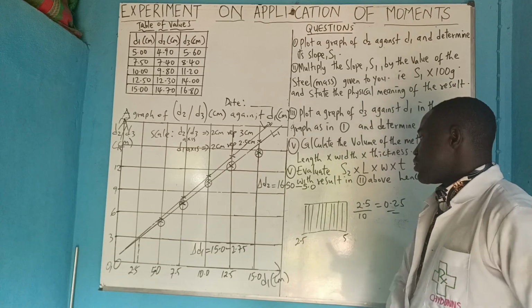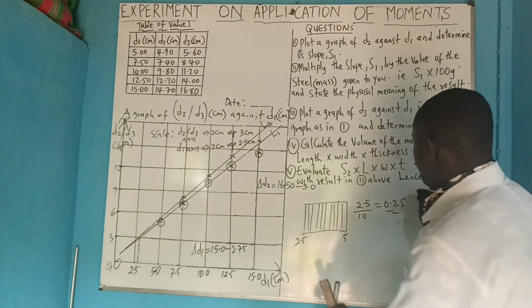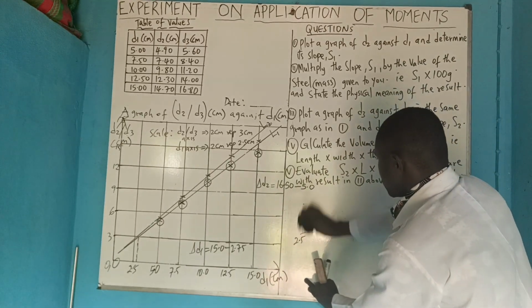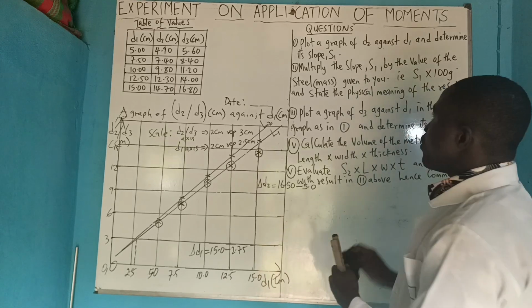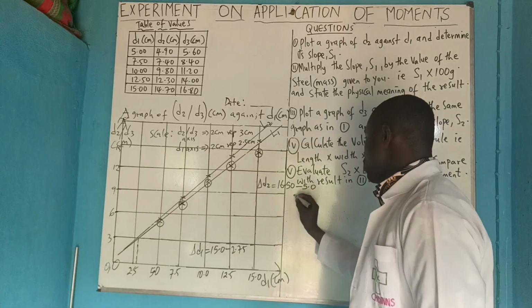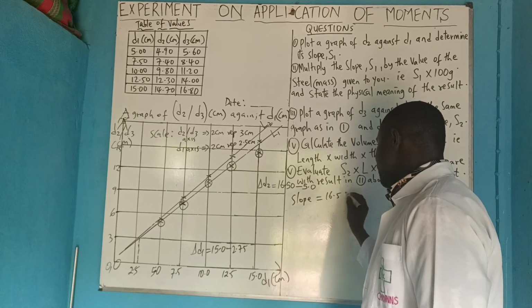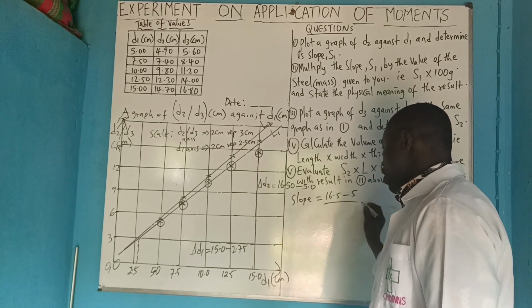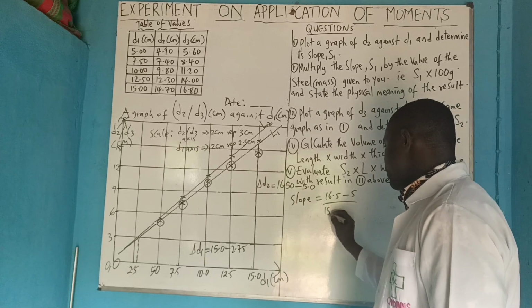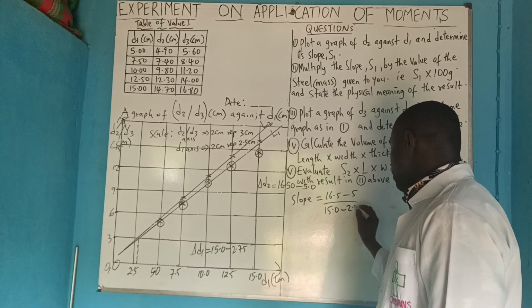Okay, and so we'll have to compute our slope. To compute our slope, the first slope is equal to 16.5 minus 5 all over 15.0 minus 2.75.